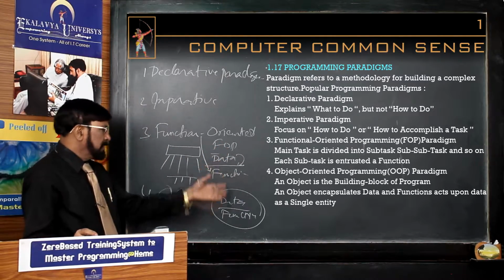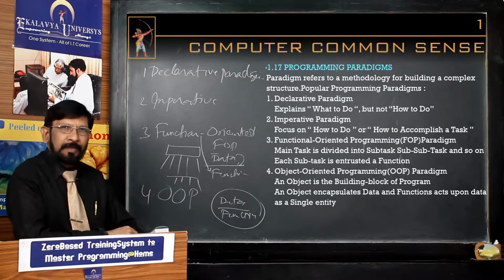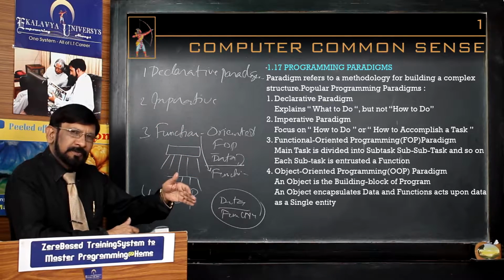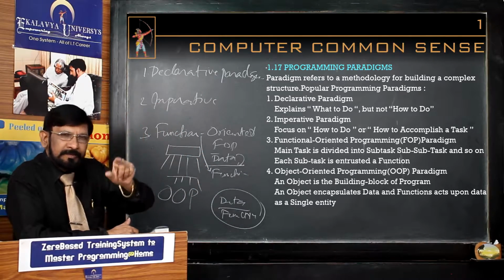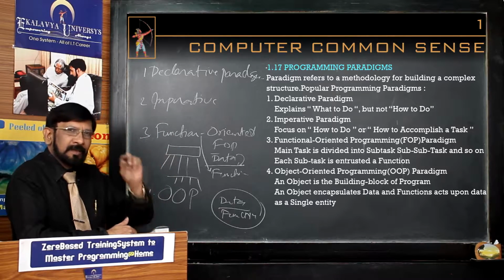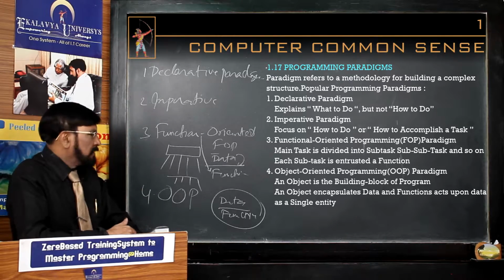And here also it is data and functions only, as you know from the program definition. In the program definition, every program is a set of instructions which act upon a set of data in order to perform a predefined task.